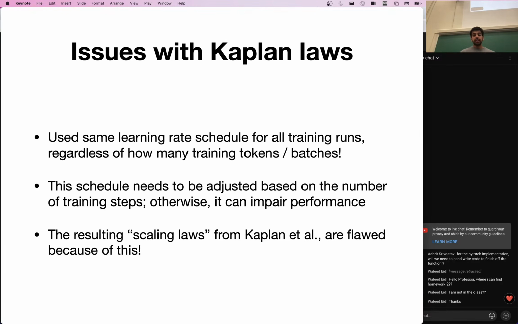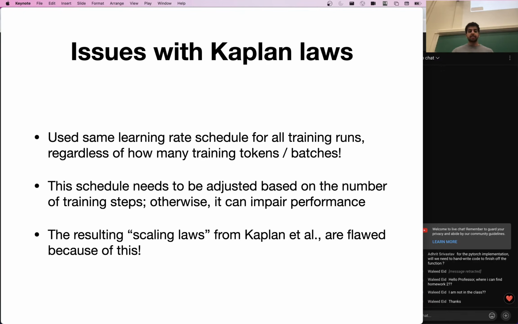And they used the same schedule regardless of what the number of training tokens and batch size was, which obviously impacts the results because this is actually an extremely important hyperparameter for transformer models. So this kind of impacted the resulting power laws that they were able to fit.